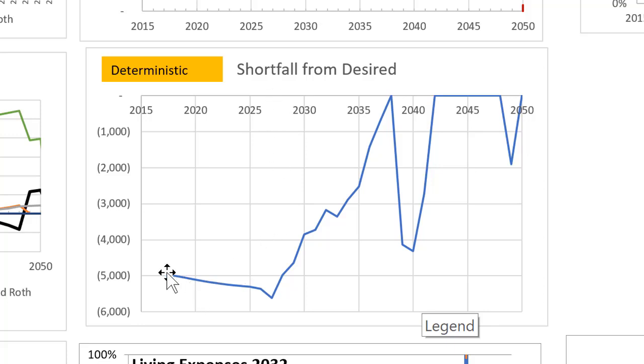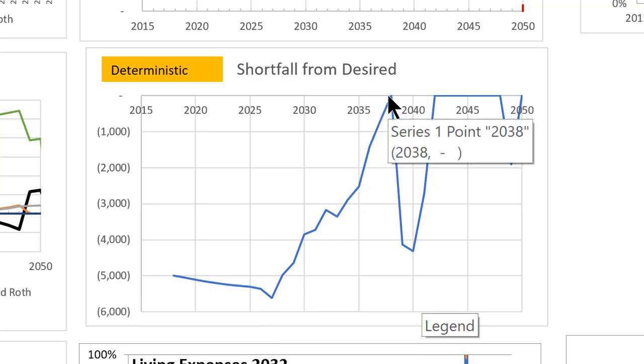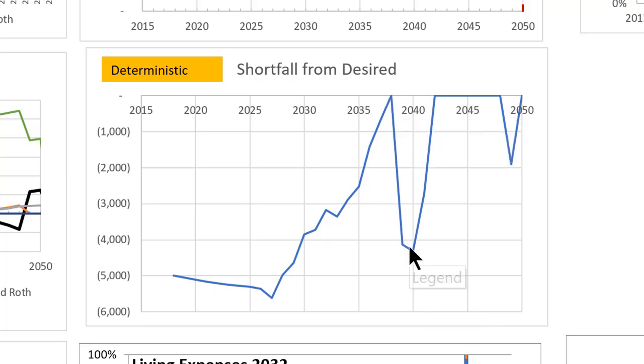We start off paying $5,000 too short on our living expenses, and it isn't until 2038 that we get back to even, and then we have another big shortfall, which I believe is a result of a poor stock market, and then we finally get back over here.